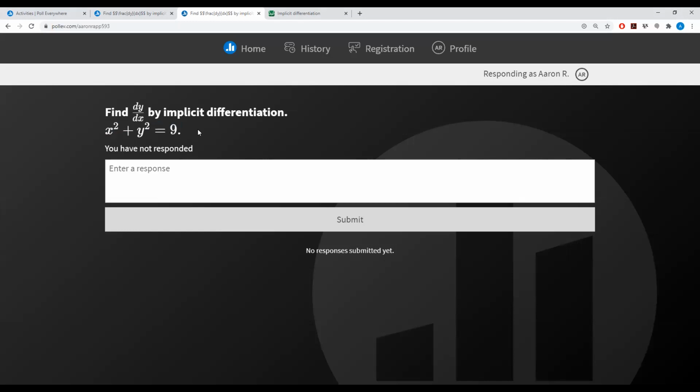That is my unknown that I care about. And like I said, you should get a function of both x and y. Your answer should have both the x variable and the y variable in it. So take a moment, take the derivative with respect to x of both sides of this equation, solve for dy dx, and tell me what you get.